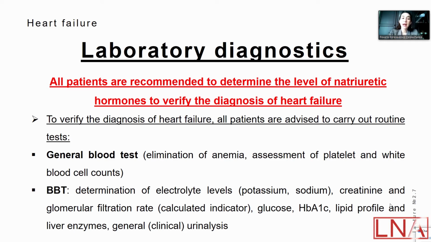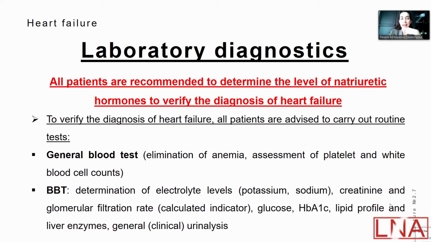I put it in red color, but determining the natriuretic peptide does not exclude the general analyses. General blood tests exclude anemia, which can provoke worsening of the patient's condition, with assessment of platelet and white blood cell counts to exclude bacterial problems.